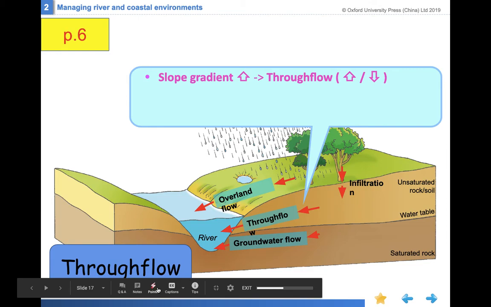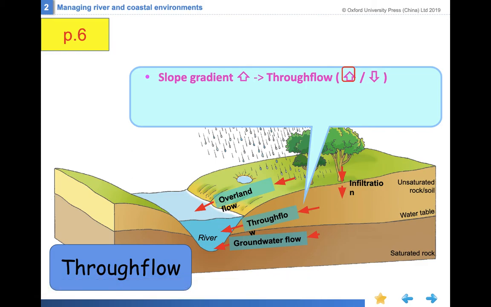For the through flow, if the gradient increases, the slope is more steep, the through flow will increase. So you can circle it on your book, page 6. Okay? It is because when the slope has a steeper gradient, there will be more through flow, as a greater part of the gravity is used to accelerate the water down the slope.